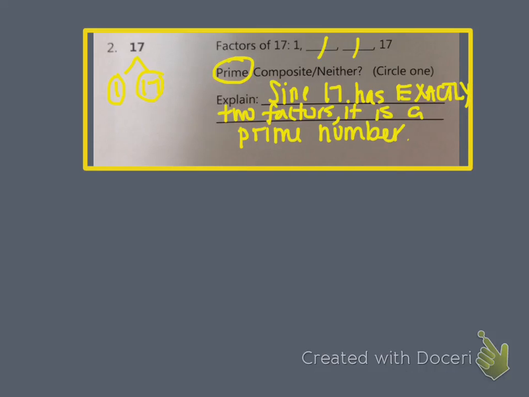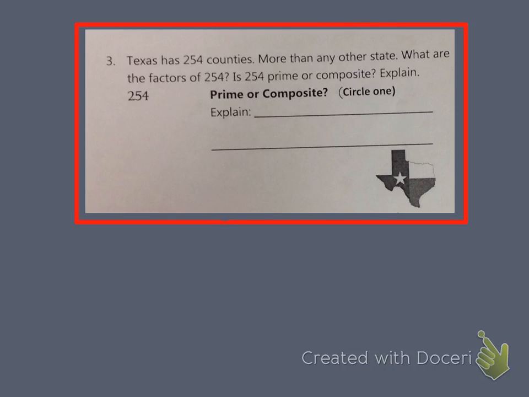Let's move on to our next example. Texas has 254 counties, more than any other state. What are factors of 254, and is 254 prime or composite? And then explain. So let's set up our factor tree.